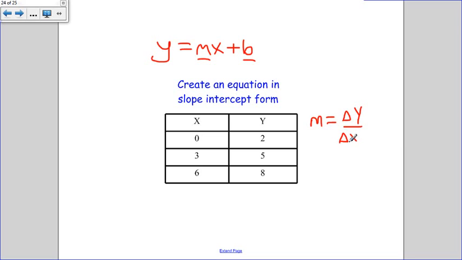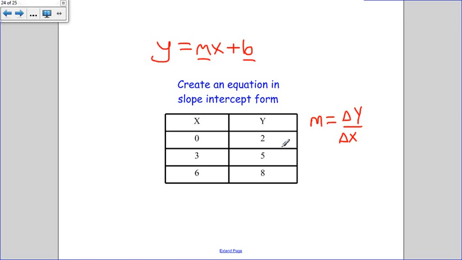Again, that's just a delta sign. It means the change in. So this is basically our equation that we learned in class, which was our equation for slope. M equals y2 minus y1 over x2 minus x1. Basically what that is the change in y over the change in x.